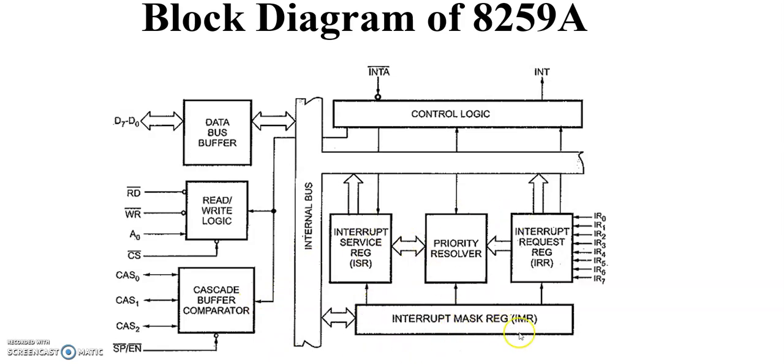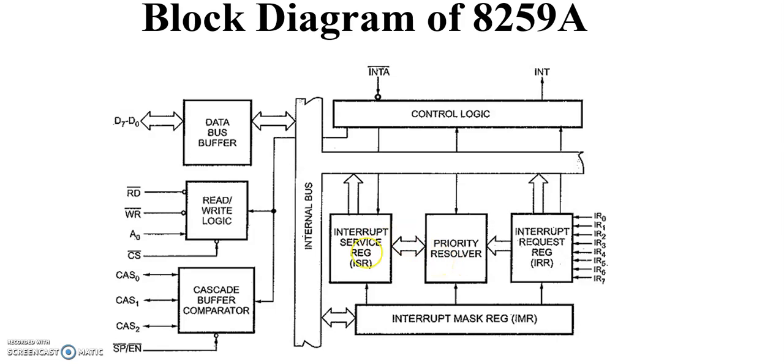These are the interrupt requests IR0 to IR7. Each interrupt request comes from the peripheral devices. That interrupt request is first placed in the interrupt request register. Based on the priority, which is resolved by the priority resolver, which acts as a judge, it is decided which interrupt has to be sent first.